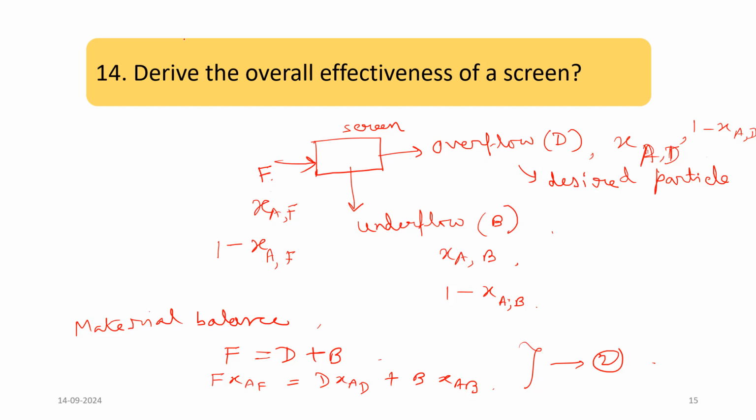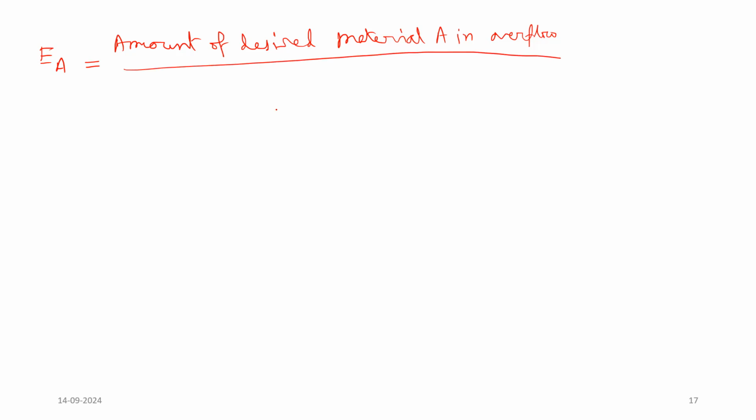First, the effectiveness depending on the desired material: because in this case we have defined the desired particle to be in the overflow, it will be the amount of desired material A in the overflow divided by the amount of desired material A in the feed.